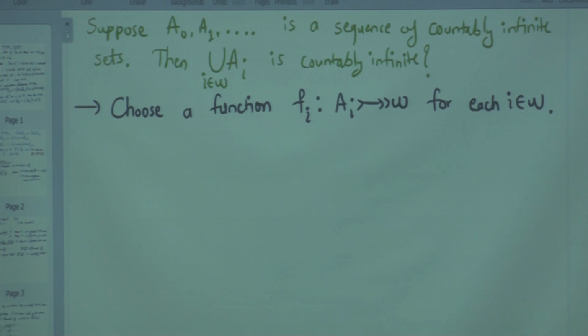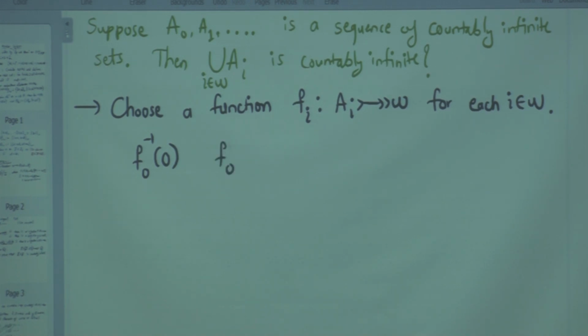Then we can list all the elements. What will be the first element? The first row would be f0 inverse of 0, that would be the first element.